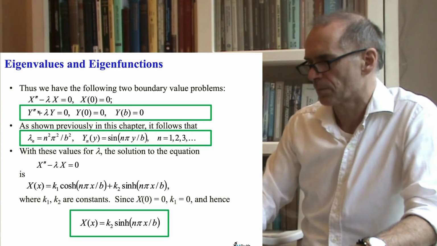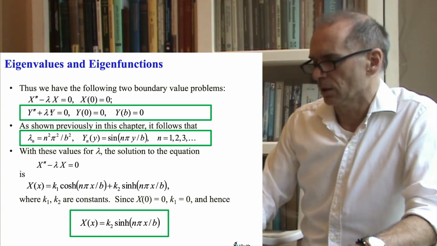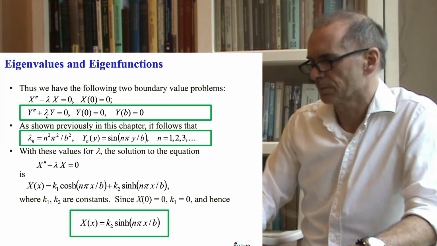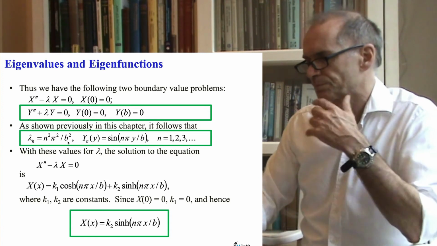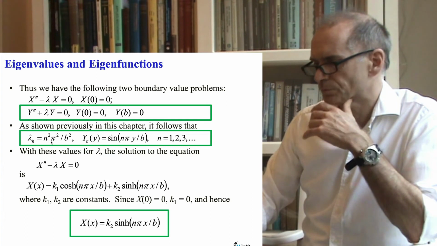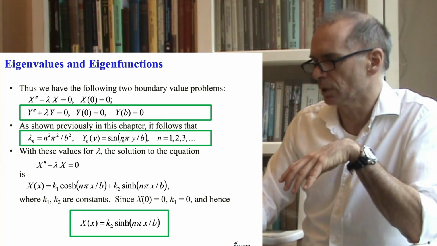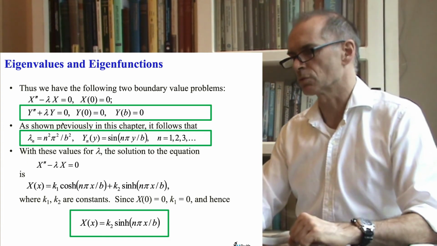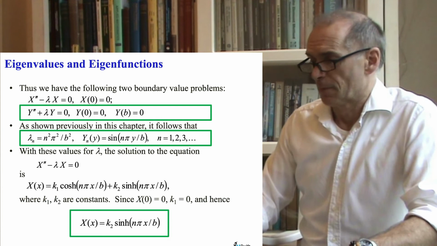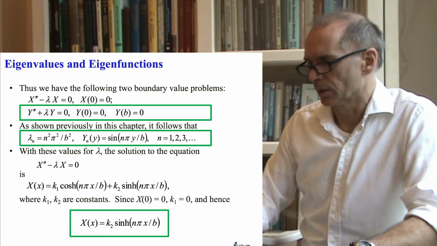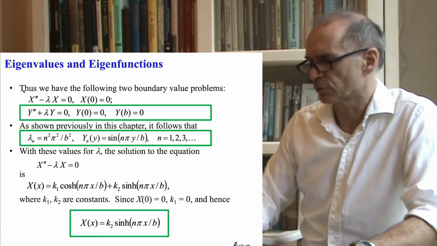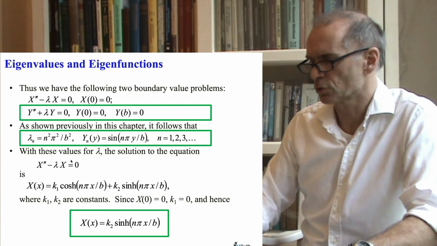Lambda is minus the eigenvalues here, so lambda is positive, and it is equal to n squared pi squared over b squared, if you substitute that to calculate. So lambda is known, and now we can go after solutions for x of x from the first equation, using those values of lambda.